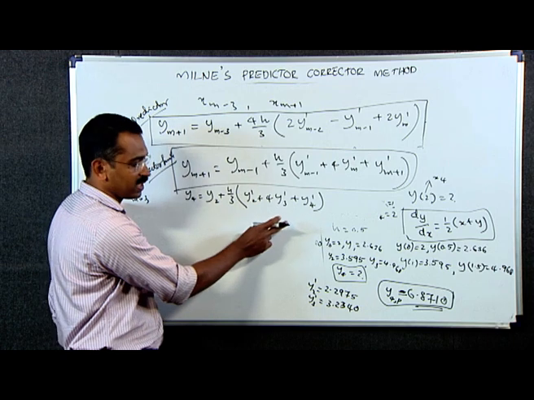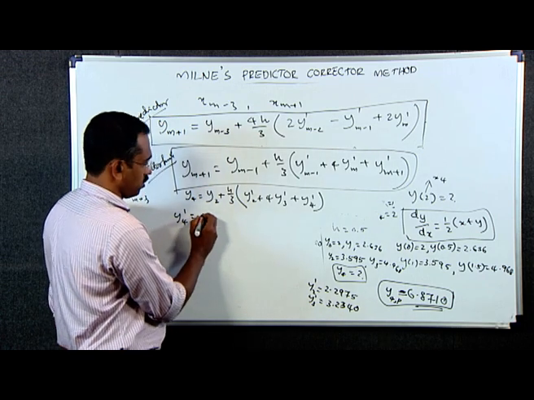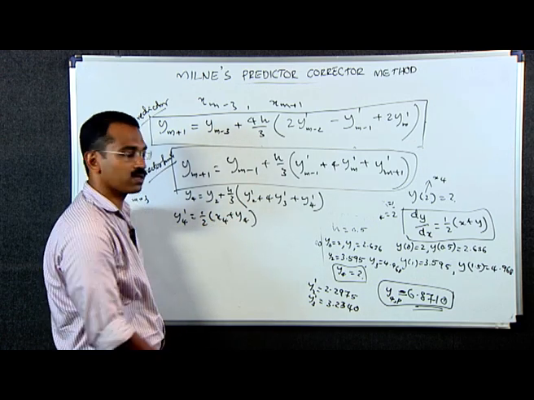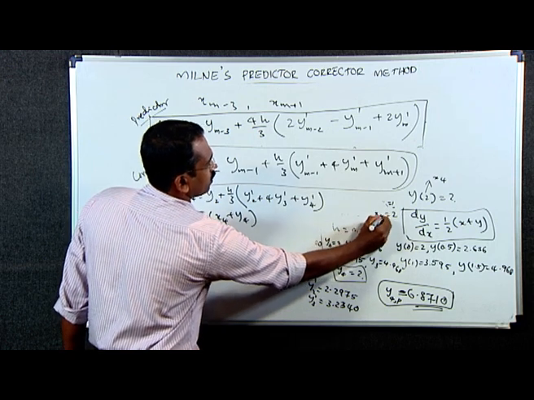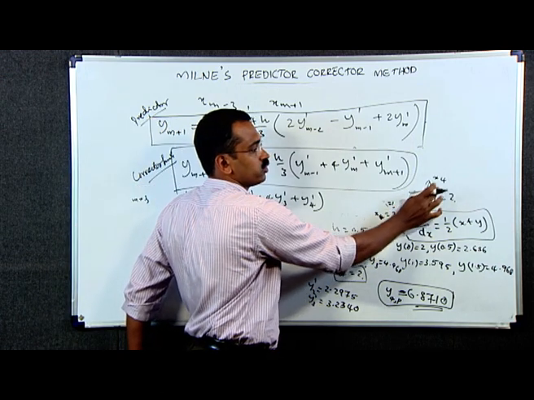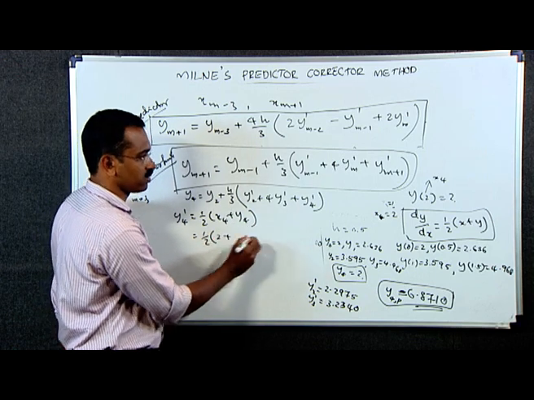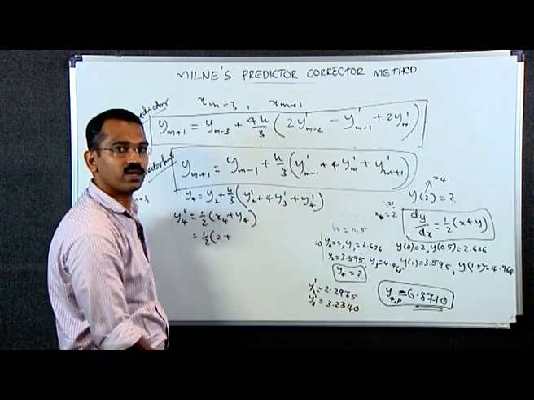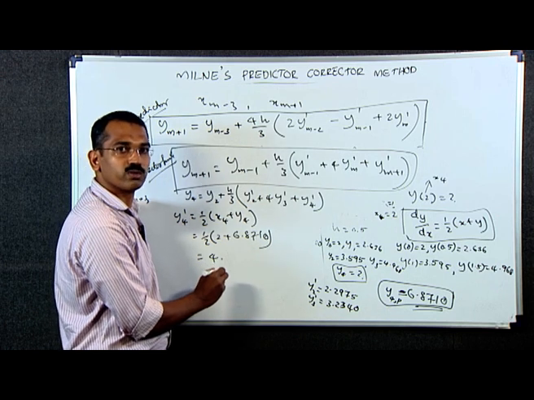Now, y4 dash is equal to 1 by 2 into (x4 plus y4), where x4 is 2 and y4 is taken as the predicted value 6.8710. On simplification, we get 4.4355.